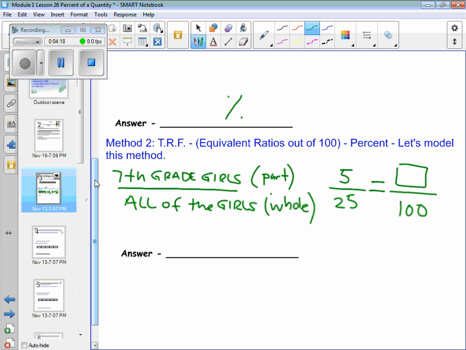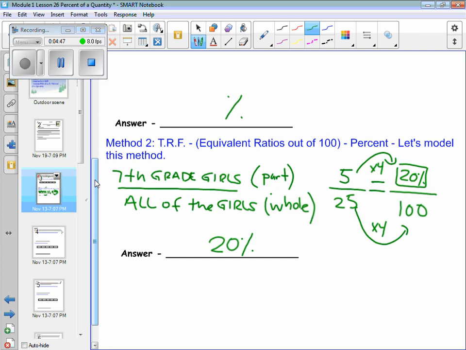Everything's now set up. Take a look at your relationship between your two ratios. What are you multiplying by? We're multiplying by 4. Therefore, 5 times 4 gives us our percent, which is how much, Jay? 20%. And that's how you do it with TRF.